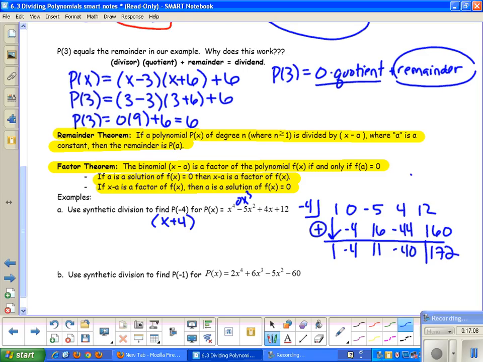So notice I get this polynomial equation right here. So if I plug -4 into my equation, I know that p of -4 should be equal to 172 because that's what my remainder is. So let's just check.